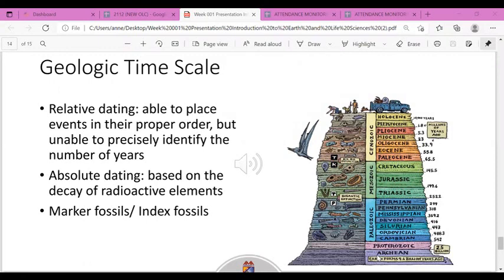The Cenozoic, this is a third major era wherein the continents assume their modern configuration of geographic position, and during in Earth's flora and fauna evolved towards those of present. So, Earth's flora and fauna. Flora, okay, this is the plants. Yung fauna, the animals. So, nandito ngayon tayo sa Cenozoic.